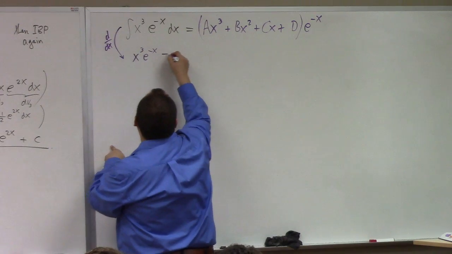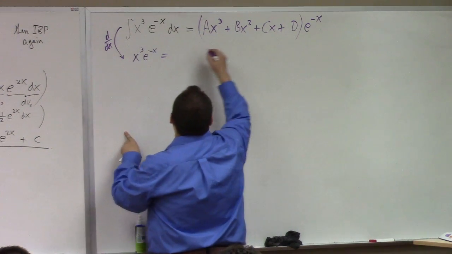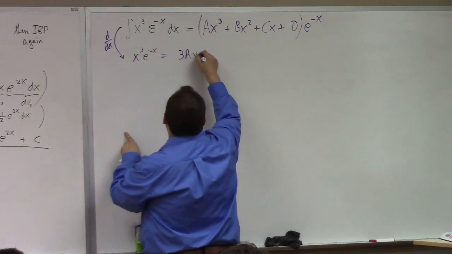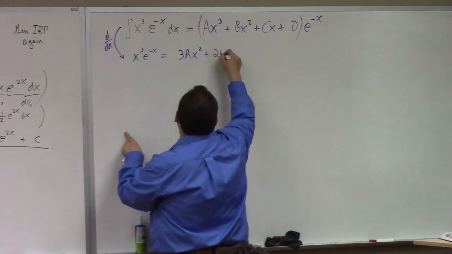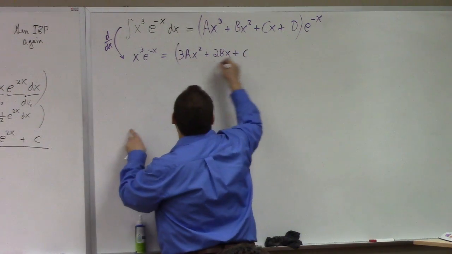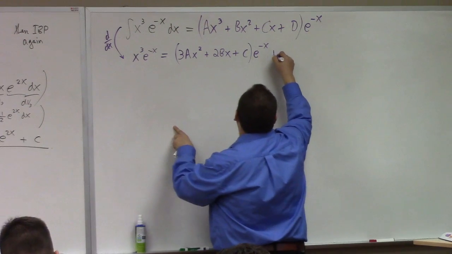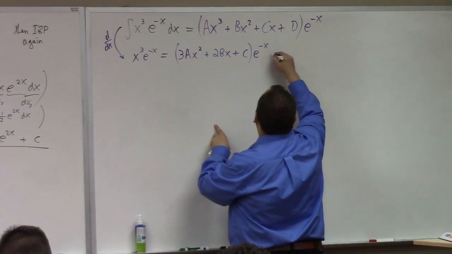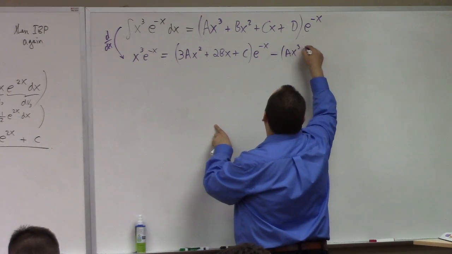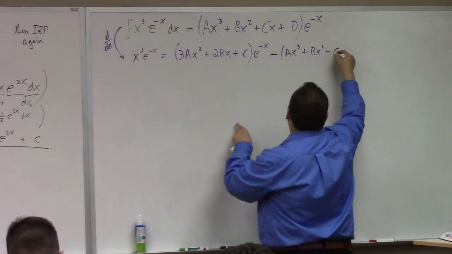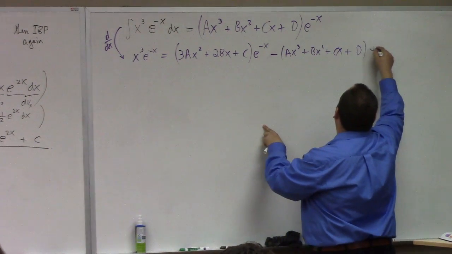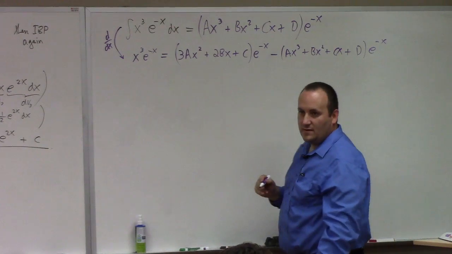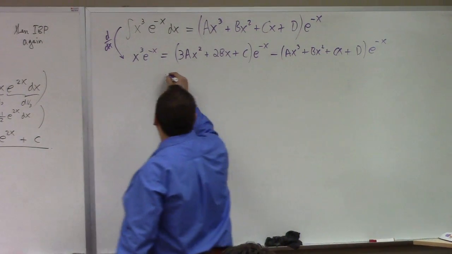What happens on the other side, though? Product rule, right? So I get (3ax squared plus 2bx plus c) times e to the minus x plus, well, minus (ax cubed plus bx squared plus cx plus d) times e to the minus x. And then you just group stuff.